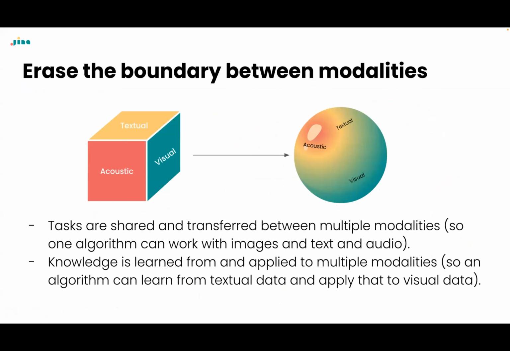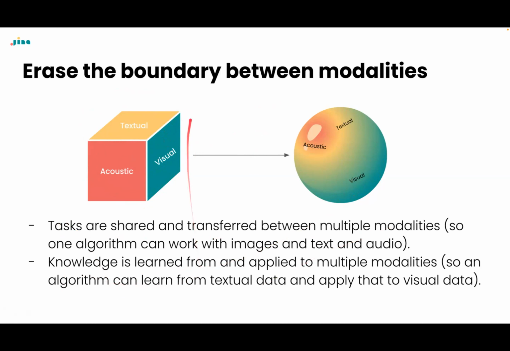So if you think about this transition from unimodal to multimodal, we erase the boundary between different modalities. This cube, we mold it into a sphere, where the boundaries are smoothed out. That also means the tasks can be shared and the knowledge can be transferred between different modalities.